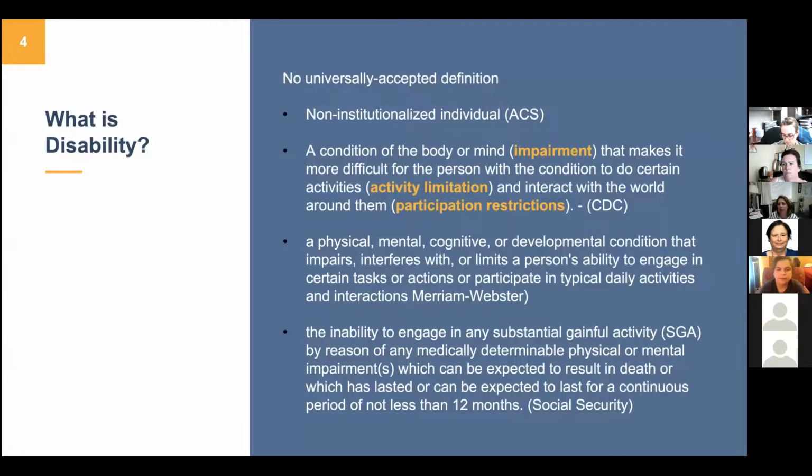Okay, so as many of you already know, when we get started, we want to use a definition. Well, the definition of disability is varied. So pay attention to how it's being defined based on where you're finding it. Here are just a few of the different definitions. The first one is from the community survey. A lot of the surveys and a lot of the data we have define it differently.